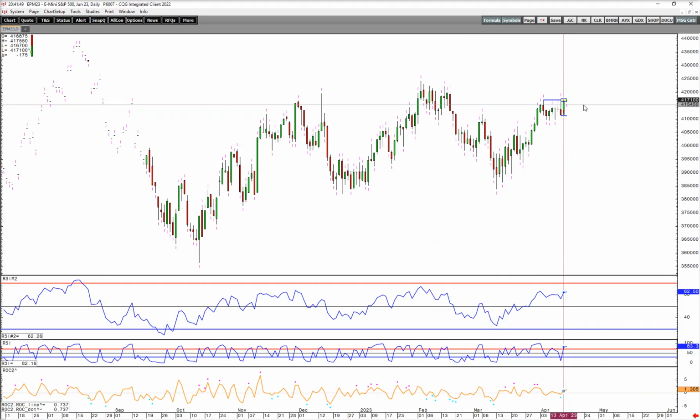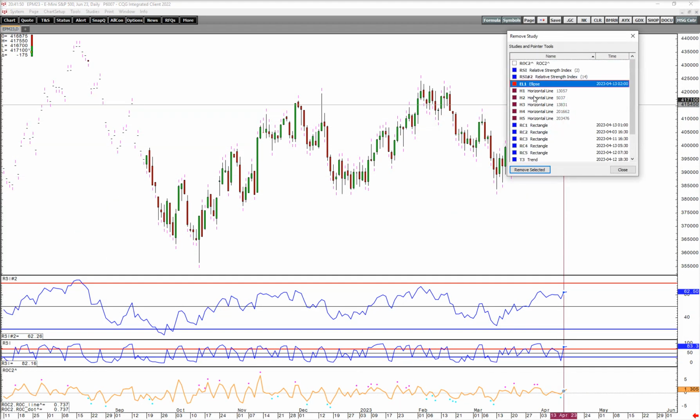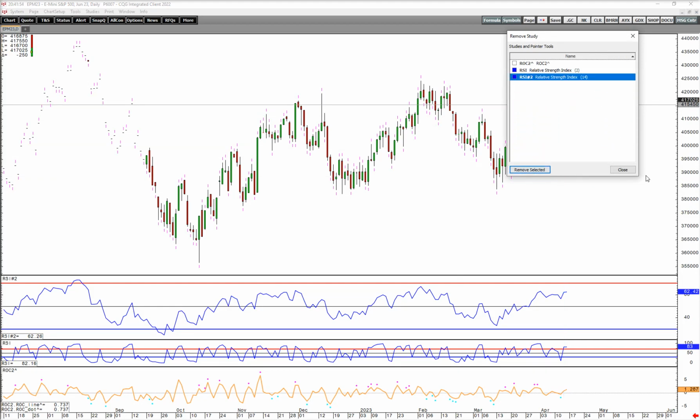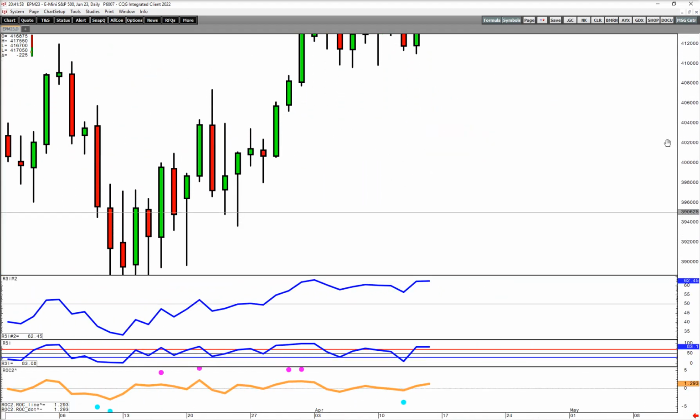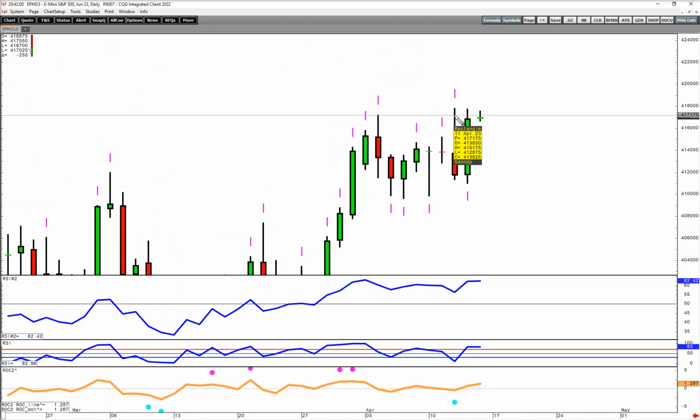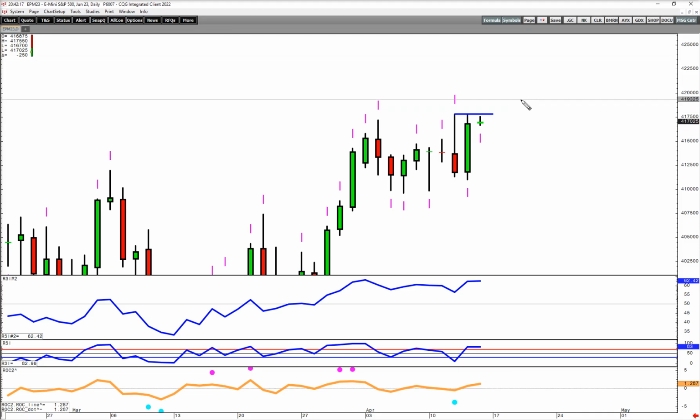But going back to the daily chart and removing all of this noise here. Going back to the daily chart, since this was a 2B pattern, if we take out this high at 4177.75, so call it 4178, which we're barely hovering beneath, that would invalidate this 2B. And the question is, what happens when that happens?